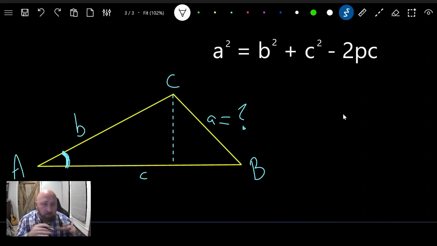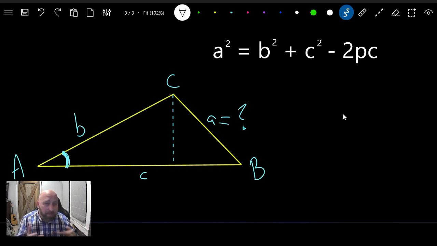So don't get focused on the right angle that we just created, although we will come back to that in just a second. What the book is saying is that A squared, this side opposite our acute angle right here, is equal to B squared, this side right here, plus C squared, this whole side down here, minus 2PC. What does B equal? What does C equal? What does P equal? We don't know any of that. So what we're doing here is not using real numbers. We're just going to use the letters.